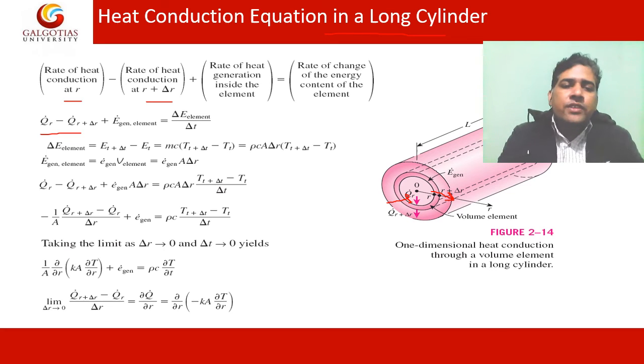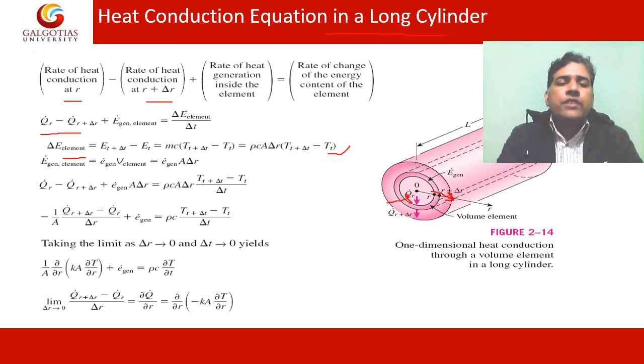In the similar fashion, Qr is the heat entering this cylindrical element and Qr plus delta r is the heat leaving the element. So Qr minus Qr plus delta r, plus the energy generated within the element, equals delta E of the element. Delta E is the change in the energy content of the element, given by the equation that we have earlier discussed.